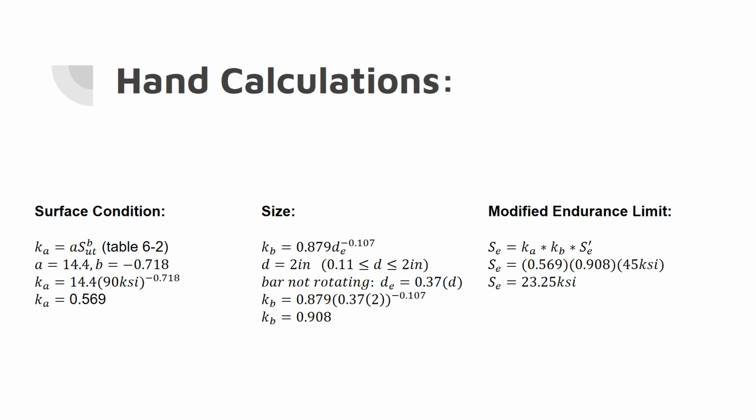In order to get our modified endurance limit, we know we have to get our modification factors. We use a surface and a size factor here, depicted by Ka and Kb. With that, and knowing our unmodified endurance limit, which is just 0.5 of the ultimate tensile strength, we're able to get our modified endurance limit here, which is 23.25 ksi.